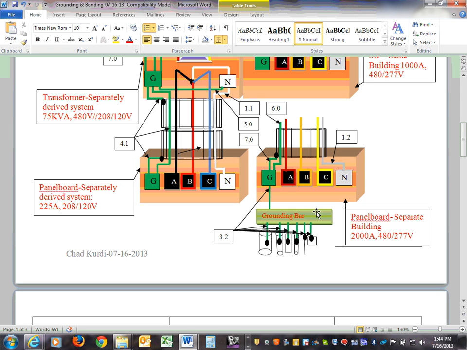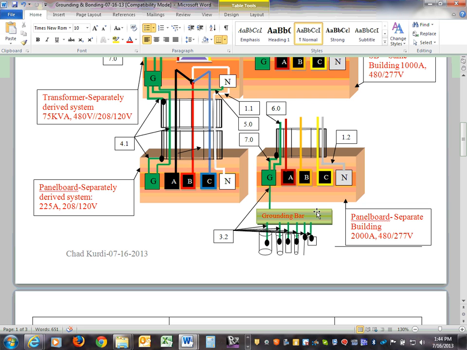If your only grounding electrode is a water pipe or a ground rod, you have to supplement it with another. So you walk into a building, it's a wood building, and the only thing metallic in it, no foundation, nothing, is water coming to it. You tie to the water.